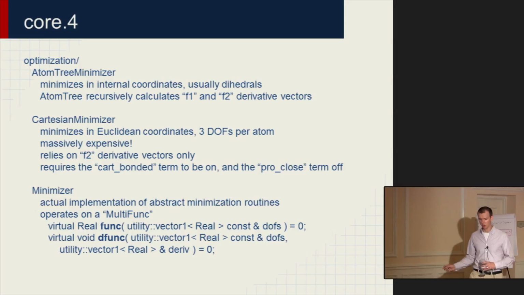It's nice to know that this is here because if you have some arbitrary function you're interested in minimizing, you can minimize it by just creating a new multifunc derived class. So there's an atom tree multifunc and there's a Cartesian multifunc, and they derive from this multifunc class. I use this code in weight optimization, where you try to minimize in weight space given a set of input structures.